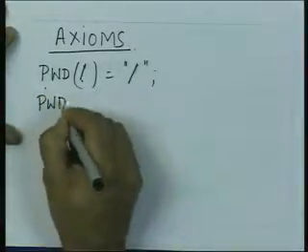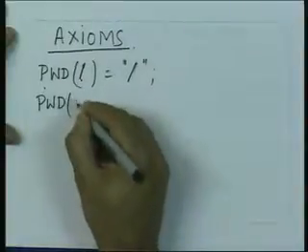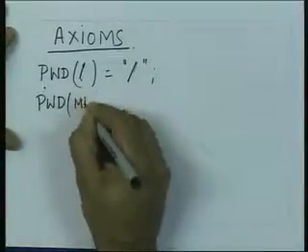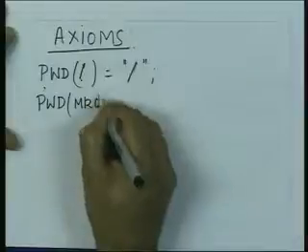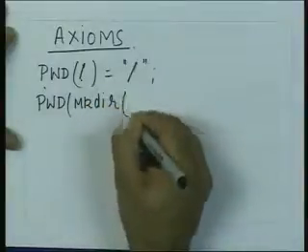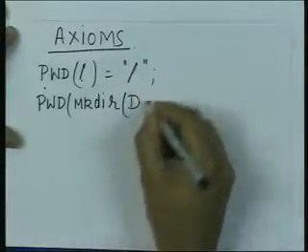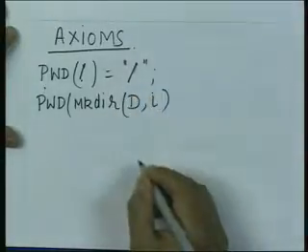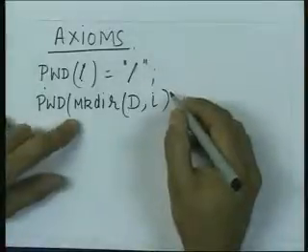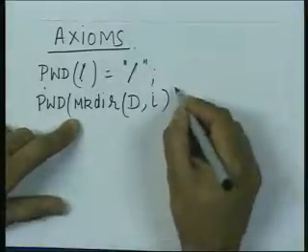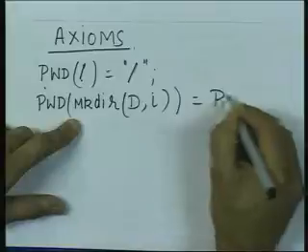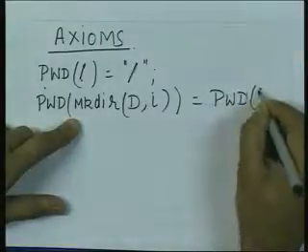Now pwd of the make dir command, and make dir command takes two arguments, which is some directory and some ID, right. So this is assuming that it equals pwd of d itself.